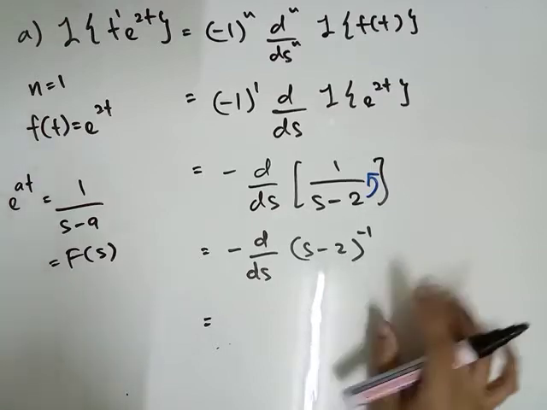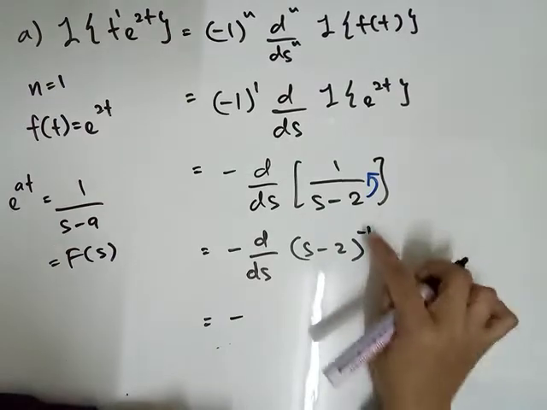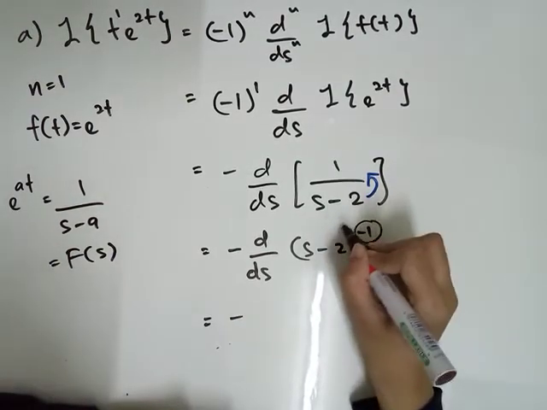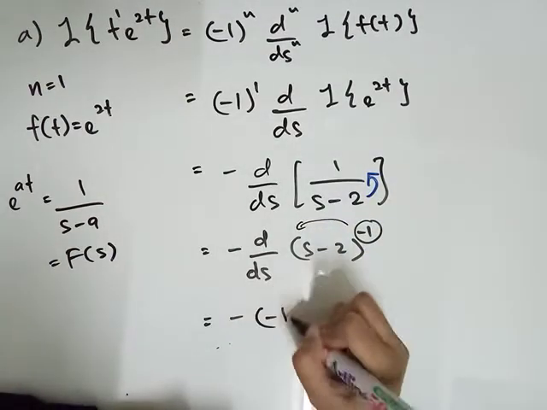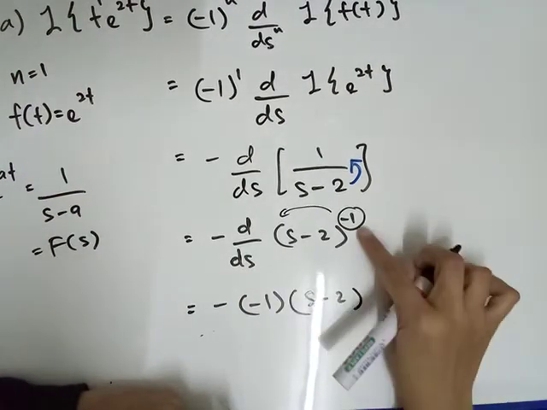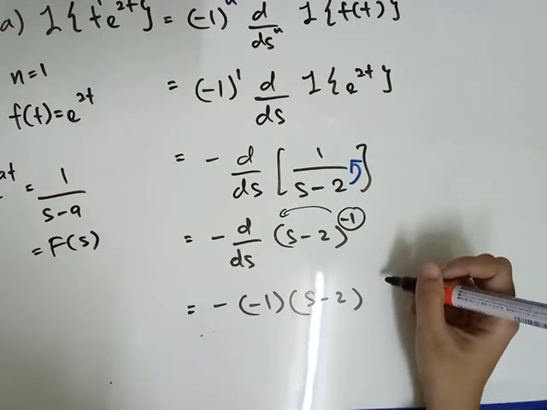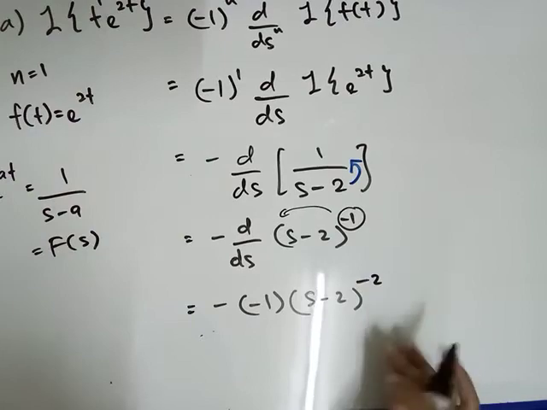You bring the negative 1 in front, so it becomes negative 1, and then s minus 2 to the power negative 1 minus 1, which gives negative 2.